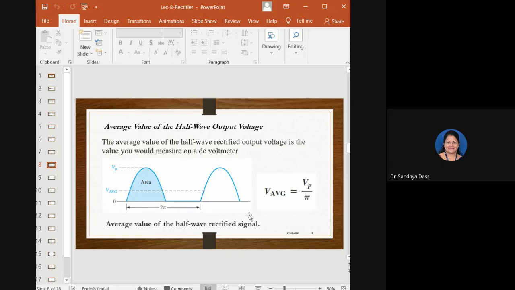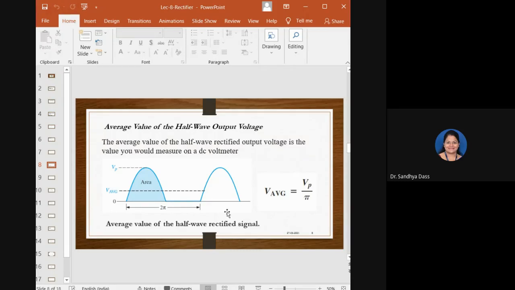We will derive shortly how we arrive at this. But at this point, I want you to understand the average output voltage, which we generally measure from the DC voltmeter, is given by Vp by pi. Understand that. We will derive the expression for this, how we get this Vp by pi, shortly.